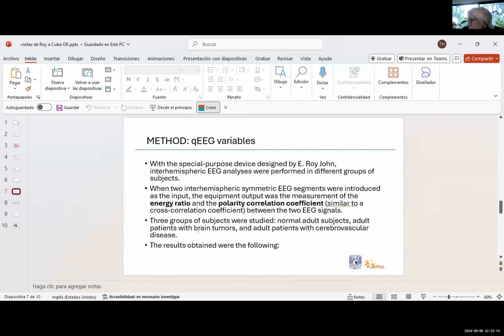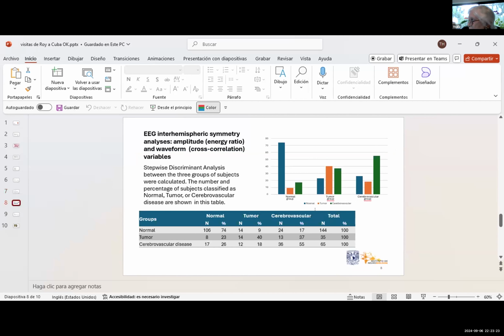This work used the following numbers: the normal subjects were 144, patients with brain tumors were 35, and patients with cerebrovascular disease were 65.